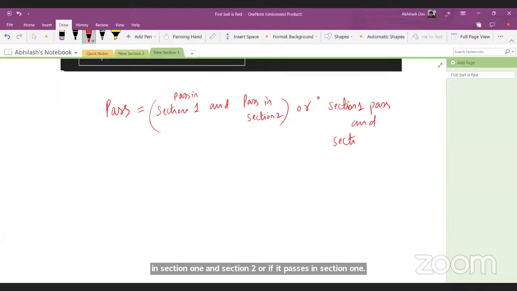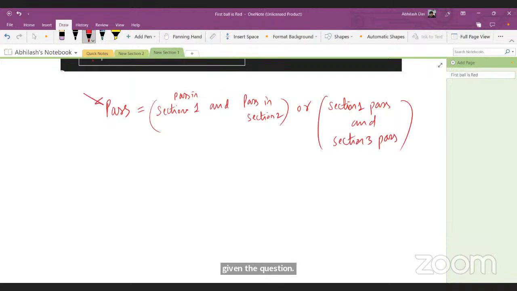This is given in the question. So if any of this happens, the student will pass. Is this clear? Is there any doubt in this till now? I'm just defining the event pass. So how will he pass? Either he will pass in this or he will pass in this.